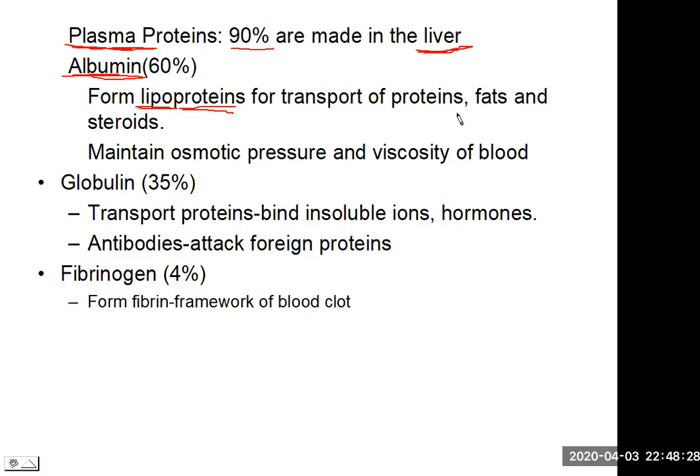And in order to transport fat, and steroids are a type of fat, through this watery plasma medium, we combine them with these lipoproteins, and now we have the ability to transport nonpolar fat within this fluid basis of plasma, this water medium of plasma.